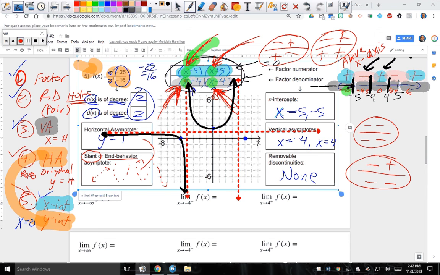Then from 4 to 5, I'm below, approaching that x-intercept that we found earlier. And last but not least, above the x-axis, it would look like that. And everything is satisfied. Are we good?